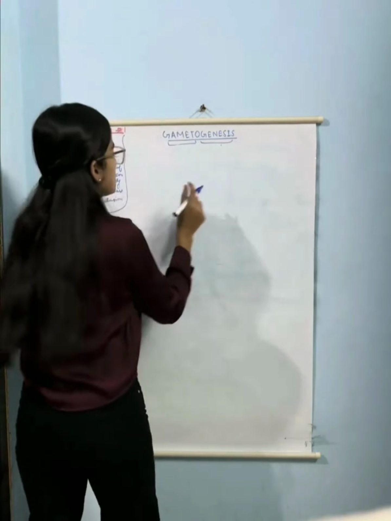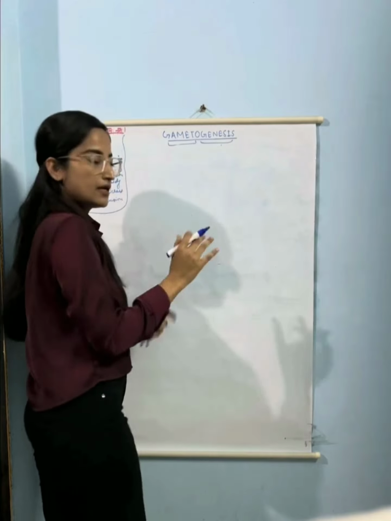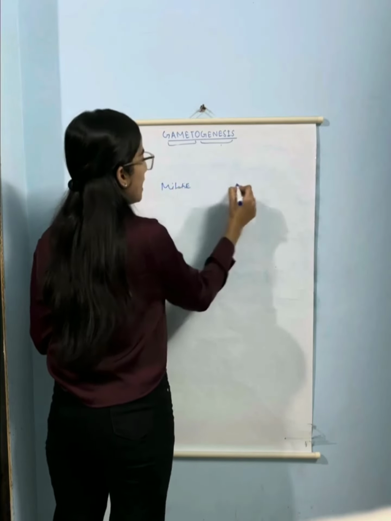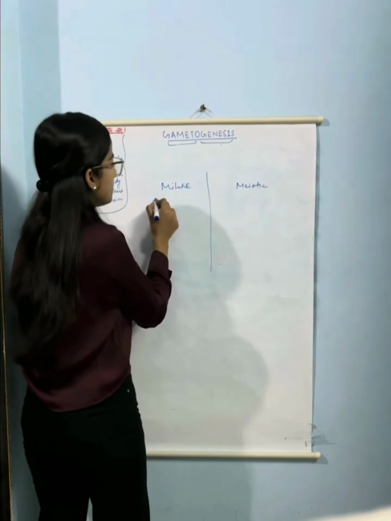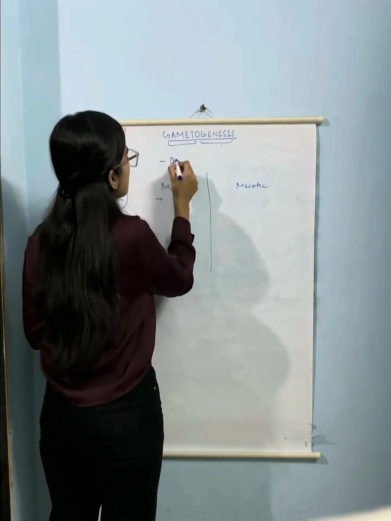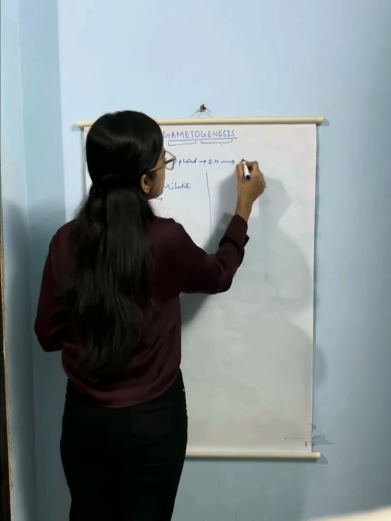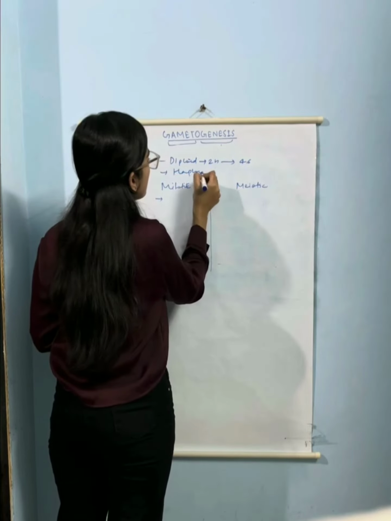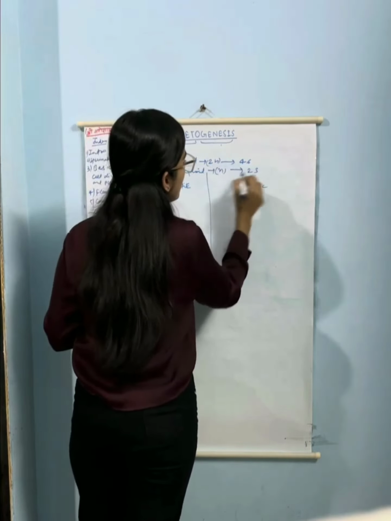Before studying spermatogenesis, we should know some basic differences between mitotic division and meiotic division. 2n represents a diploid cell and the chromosome number will be 46 here, and n represents a haploid cell and the chromosome number will be 23 here.